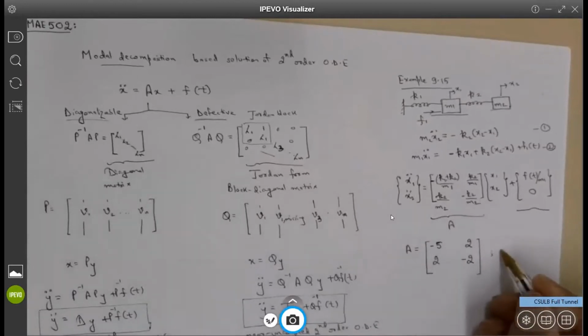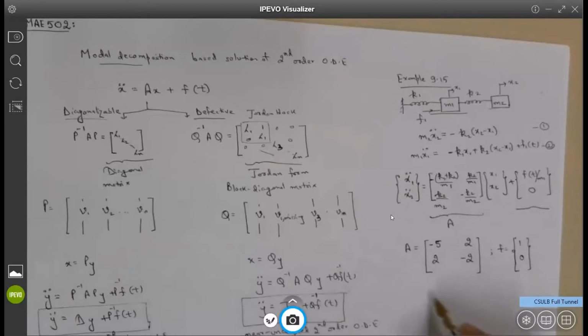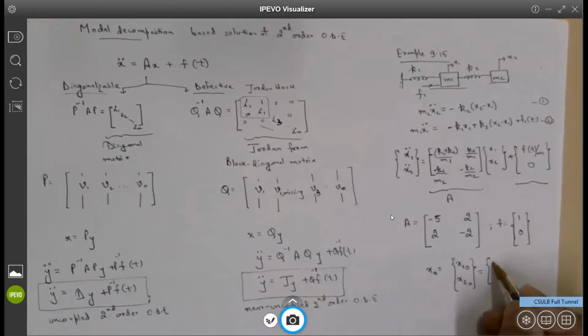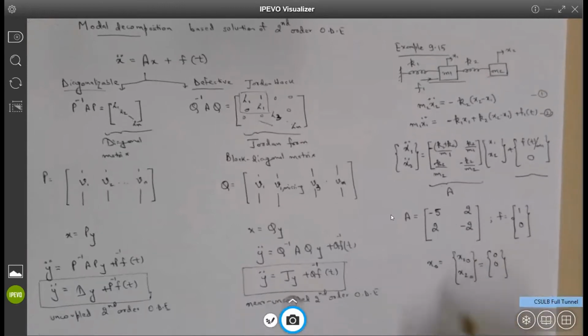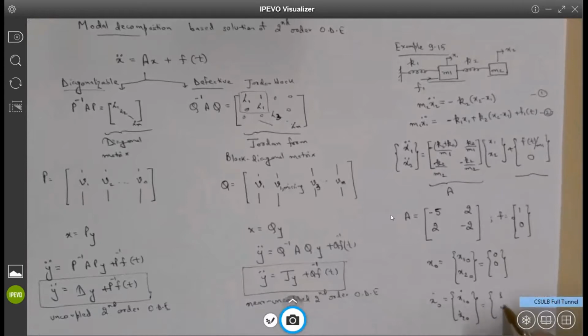And F is 1, 0. There will be some initial conditions specified: x0, which is x1(0) and x2(0), and x dot 0, which is 1, 0.